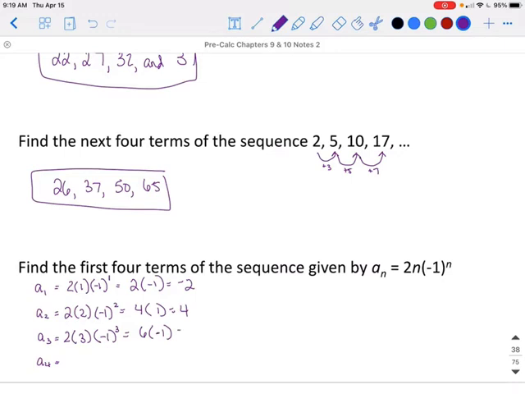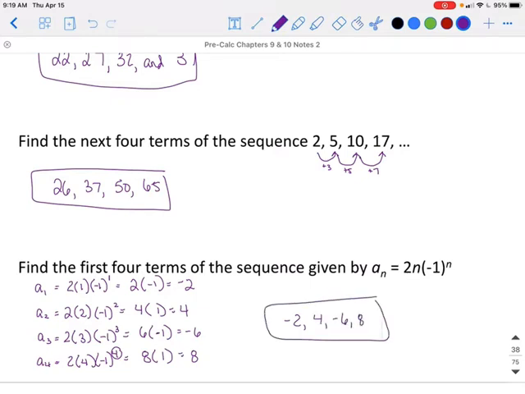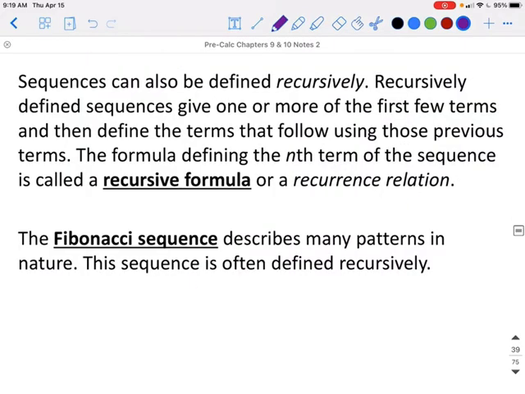Since this is odd, it will remain negative. So we'll get negative 6. And this will give us 8 times a positive 1, because this is an even power, so it becomes positive. And this will give us 8. So the first 4 terms will be negative 2, 4, negative 6, and 8.